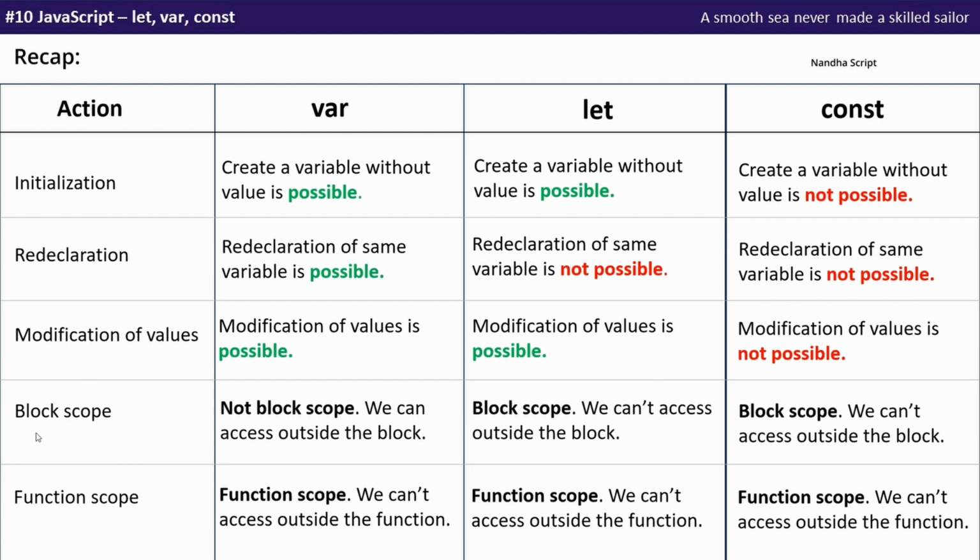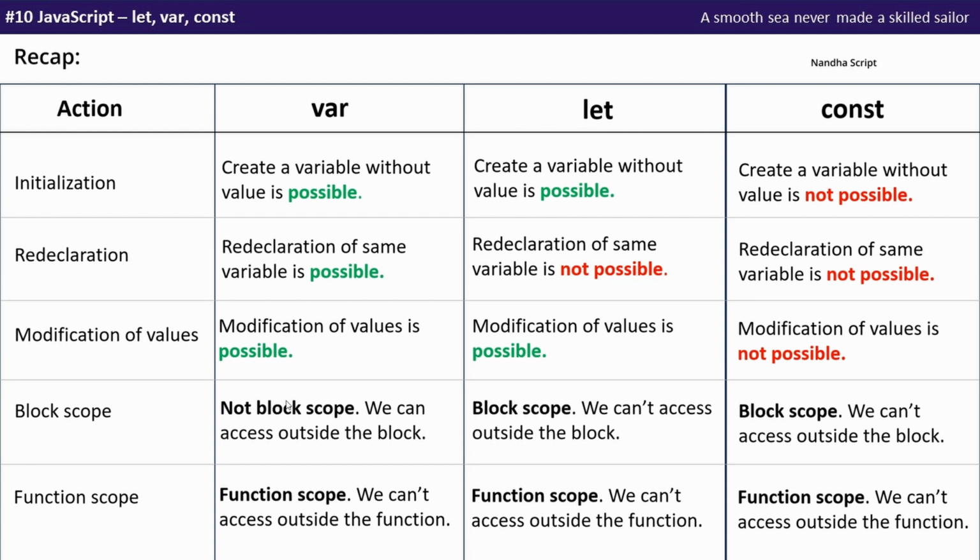Then block scope means writing the code inside the opening and closing curly braces, which is called one scope. The var is not block specific, because we can easily access this code from inside the block to outside of the block. So it's a global one. But let and const are block specific. If you add anything inside the block scope, it is accessible only inside that scope, and we can't access it outside of the scope.